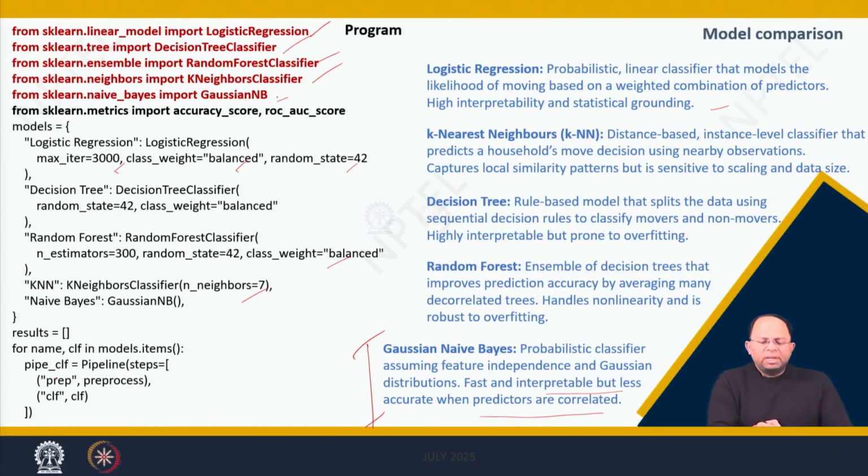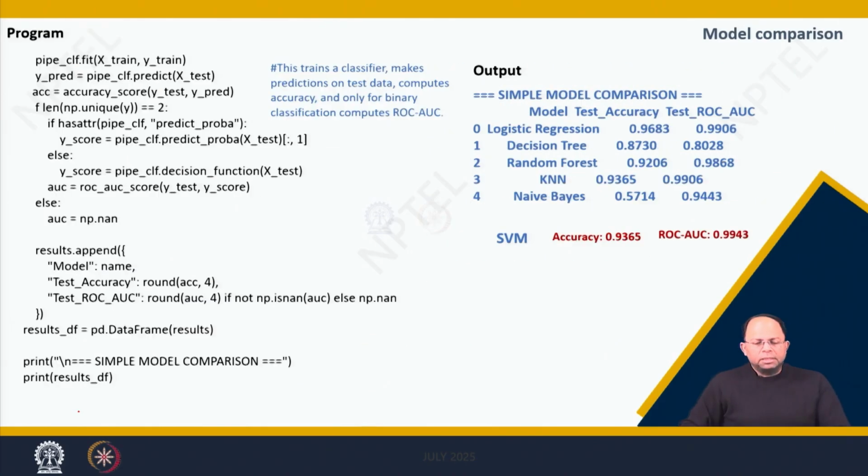Then we run the model using the same pipeline that we have done earlier, but now we are changing the model to CLF, for name, CLF in model.items. So these models are passed into that, and then we can run each of these models and get the results. After we run the model, pipe_CLF.predict for the test, after we train each of the models with CLF.fit, we run the model on the test data, and we can now get the accuracy scores, right?